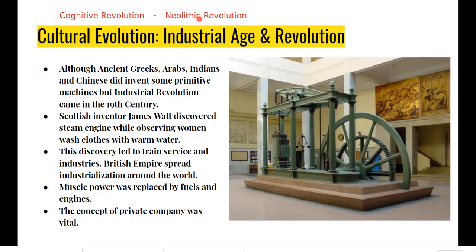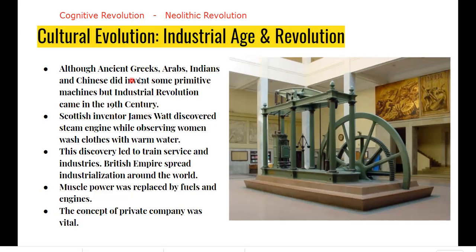The concept of private property was introduced, and civilizations, empires, and kingdoms came into being when humans domesticated plants and animals. They invented agriculture, mostly wheat, rice, and corn. Corn was discovered in the Americas, and wheat and rice in Eurasia.